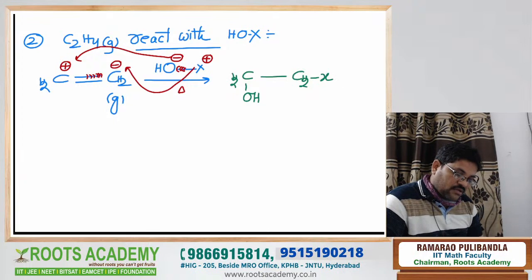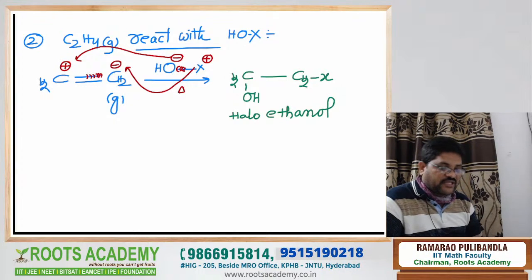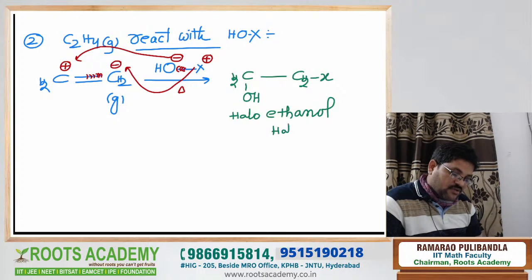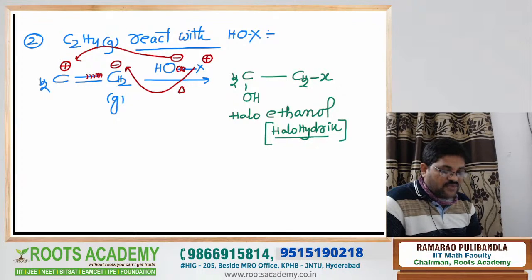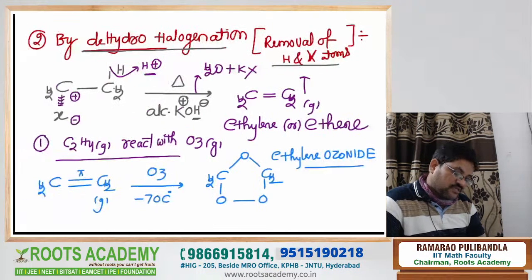Now this is called haloethanol. What molecule is forming? Haloethanol. Simply, the common name is halohydrin. Tell me the common name. Halohydrin formation is observed. Halohydrin means haloethanol formation is observed. That is the ethene gas reacting with what?